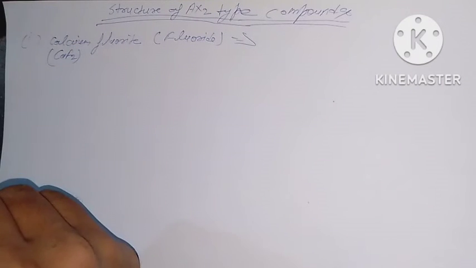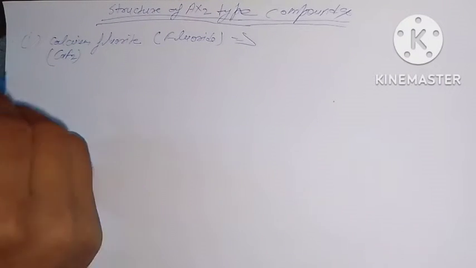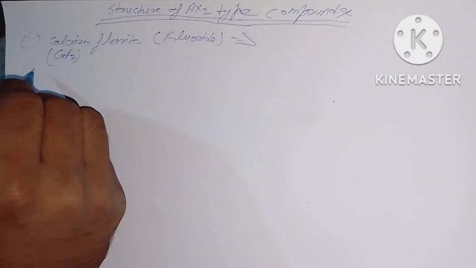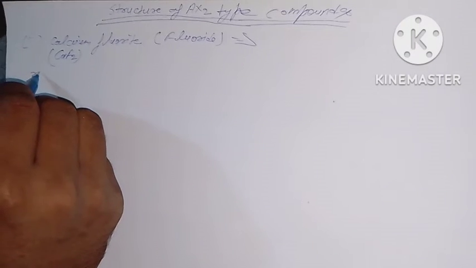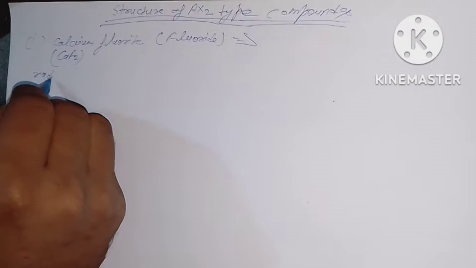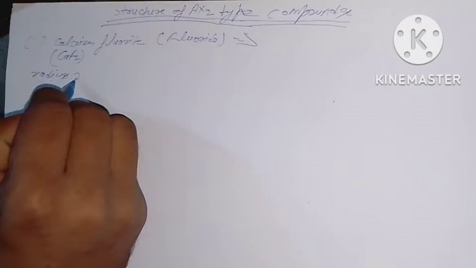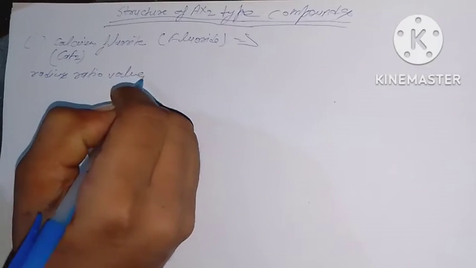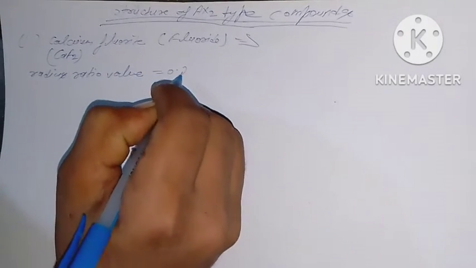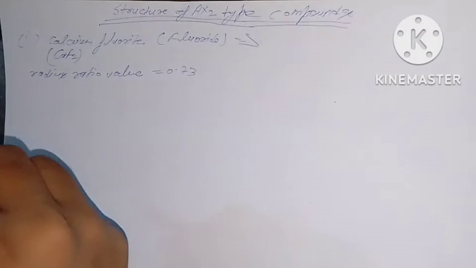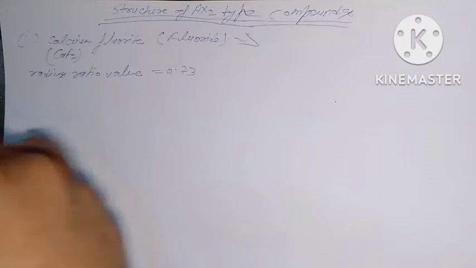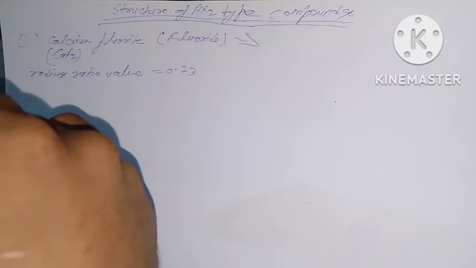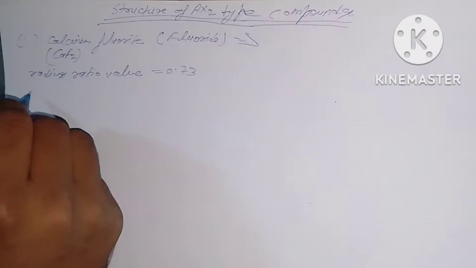In calcium fluoride, the radius ratio value is 0.73. On the basis of the radius ratio value, its structure should be a body-centered cubic arrangement.